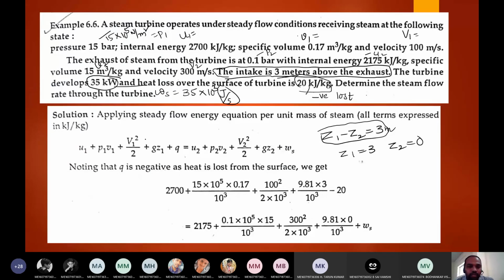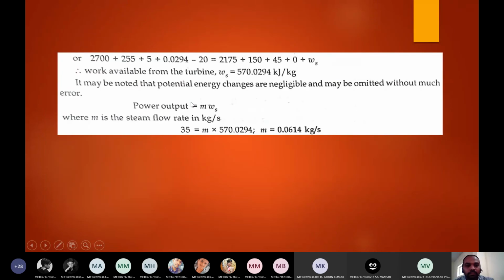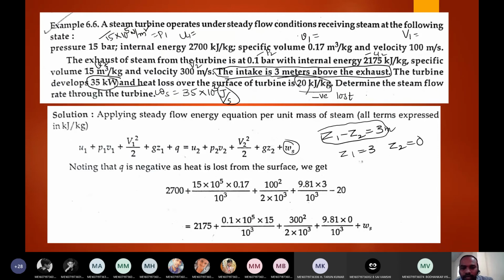Okay, right. If you see in the steady flow energy equation, all the data is with you. Only thing is WS here. Here power is given. So how to get the power? See, power is equal to mass into work done. So what you need to do from this equation, first calculate. This is the power, it's not work done.